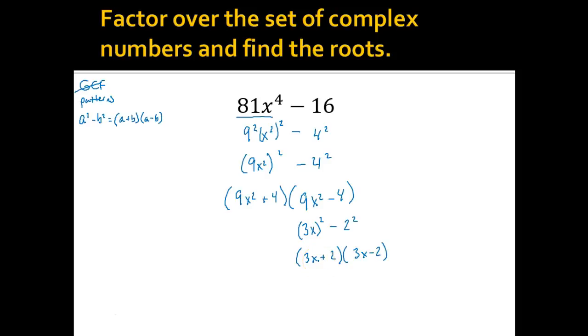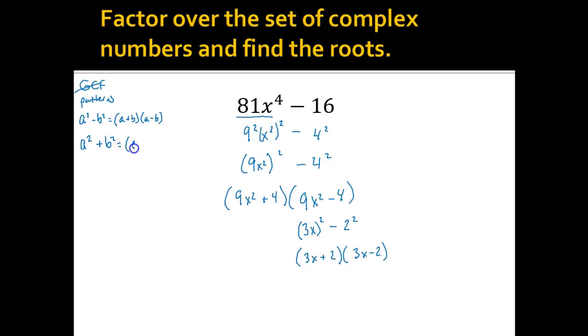Alright, that's nice. But then we have 9x squared plus 4. Now, normally we would say, well, nothing we can do about that, which is true if we're confining ourselves to the real numbers. If we're only looking for real number factors, then we're stuck. But we did learn, and this is kind of kooky, that there is a form of this pattern, a squared plus b squared, that can be factored if we go to complex answers.